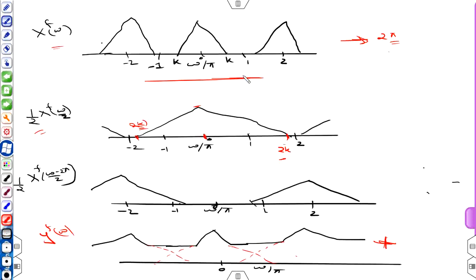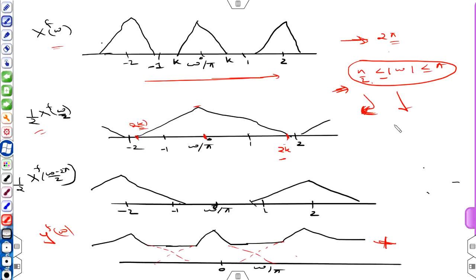Okay, so if we make this spectrum 0 for magnitude of omega less than or equal to π and greater than or equal to π/2, if we make this spectrum 0 for this range, then even if this spectrum is spreading by a factor of 2, the values in the range π to 2π will be 0. So this spectrum is periodic with period 4π.